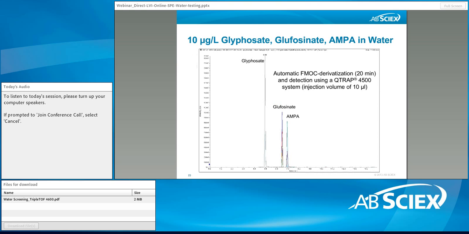Here's an example screenshot of glyphosate, glufosinate, and AMPA, the metabolite of glyphosate, automatically derivatized and then analyzed using the QTRAP 4500 system. We injected 10 microliters, and here you see a concentration of 10 parts per billion, 10 micrograms per liter.